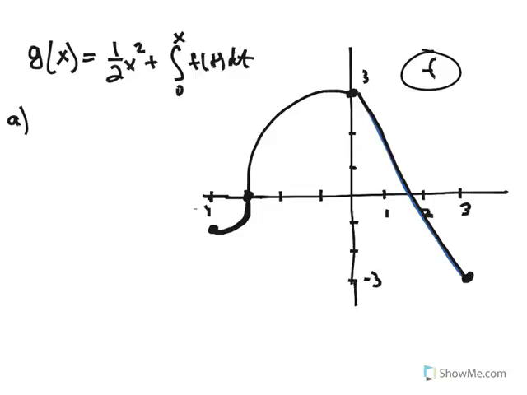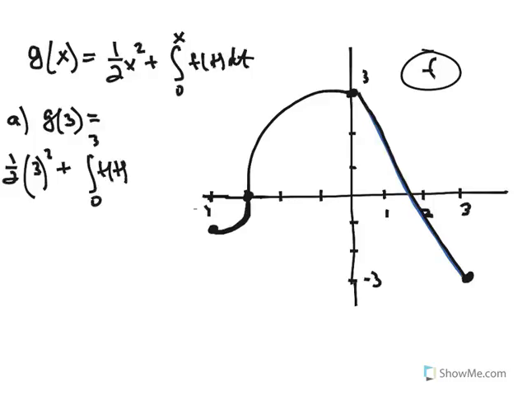Part A, they want you to find g of 3. Okay, so you simply plug in 3 for x. So that would be 1/2 times 3 squared plus the integral from 0 to 3 of f of t dt. 1/2 times 3 squared gives us 9/2, plus the integral from 0 to 3.